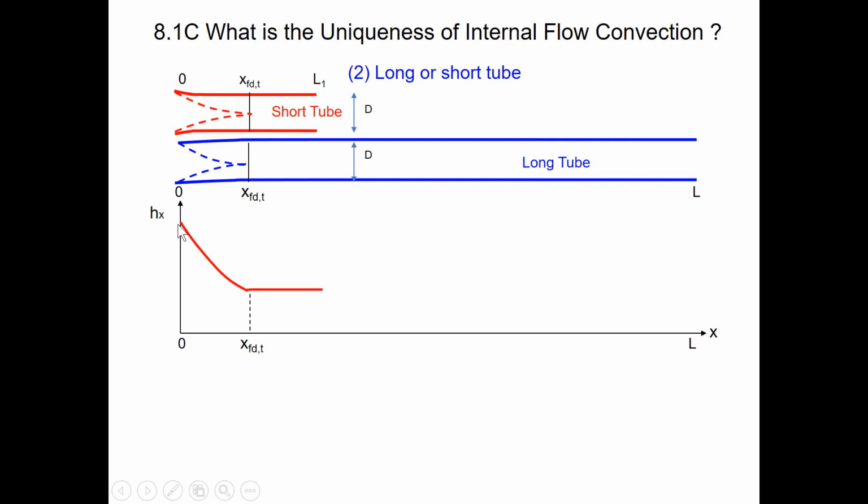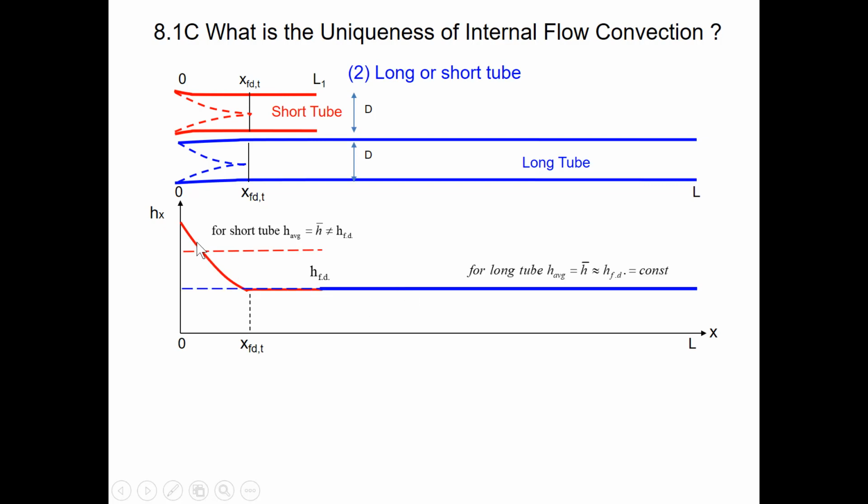This is the local heat transfer distribution over the length for a short tube. You can imagine the averaged heat transfer coefficient over the short tube length is not the same as the local heat transfer coefficient in the fully developed region.